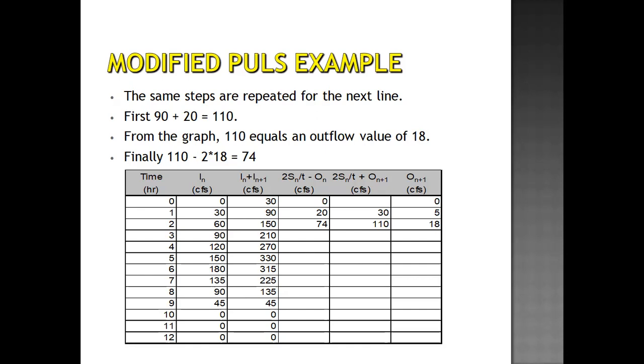Fifth hour: 150 and 330. Sixth hour: 180 and 350. Seventh hour: 135 and 225. Eighth hour: 90 plus 135. Ninth hour: 45 plus 45 and 45. The 10th, 11th and 12th hours are 0.